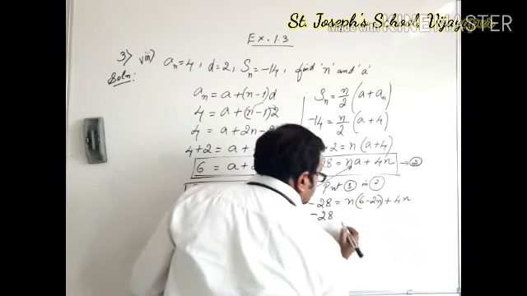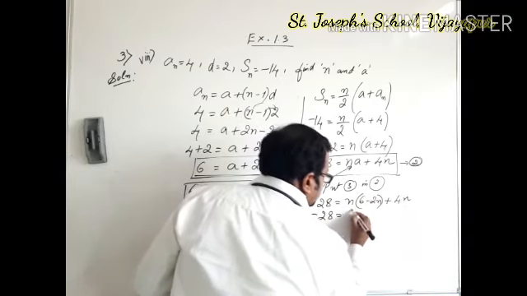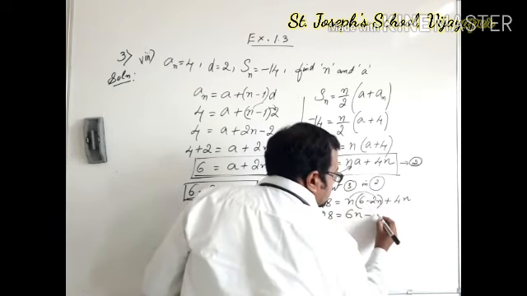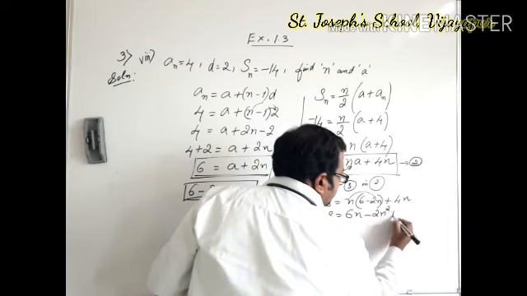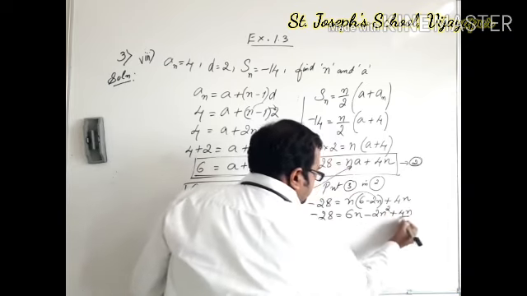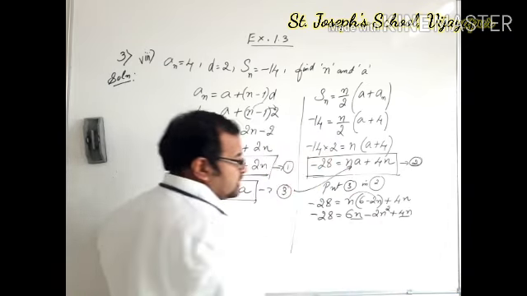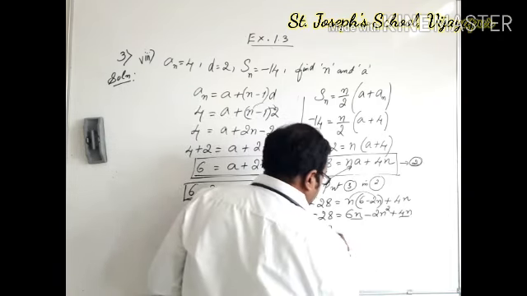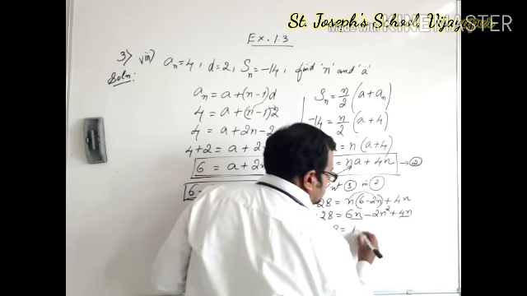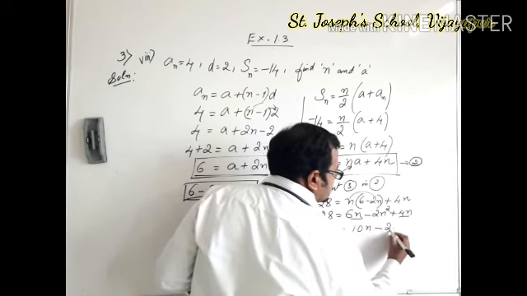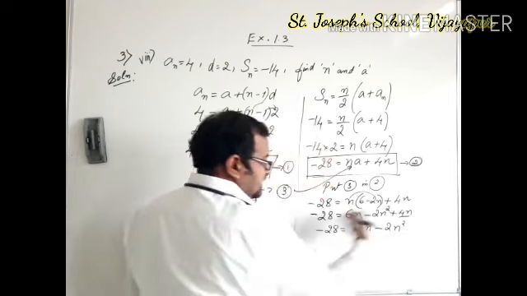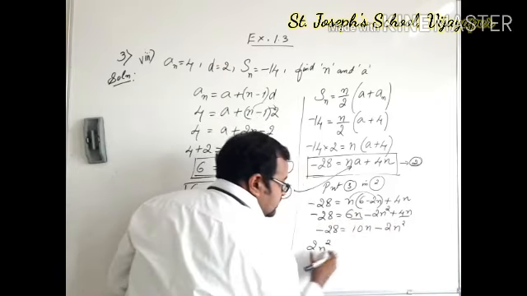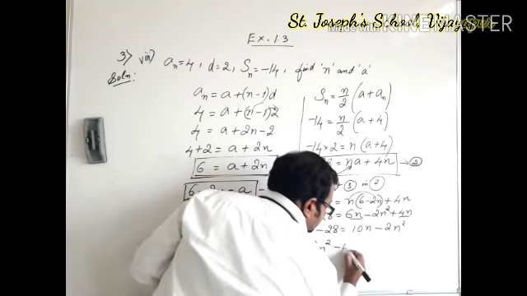Minus 28 is equal to 6 into n, 6n, minus 2n into n is minus 2n square, plus 4n. These two can be simplified further. 6n plus 4n becomes 10n. So next step is minus 28 is equal to 10n minus 2n square. I bring all the n terms to this side, it becomes 2n square, minus 2n square becomes plus 2n square, minus 10n.